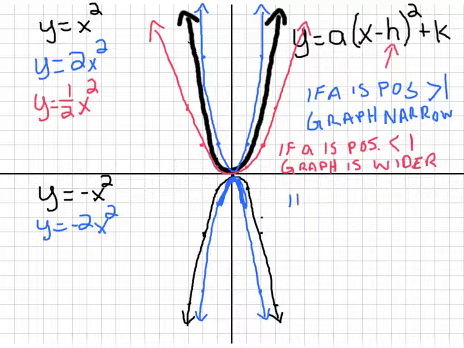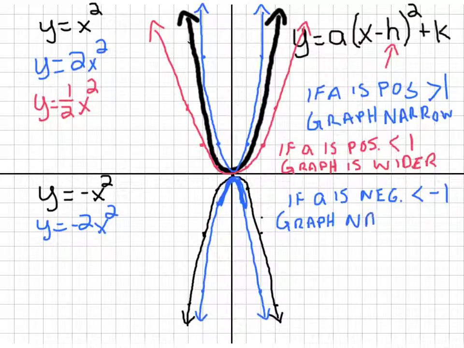So if A is a negative number, and it's less than negative 1, then the graph is narrower.